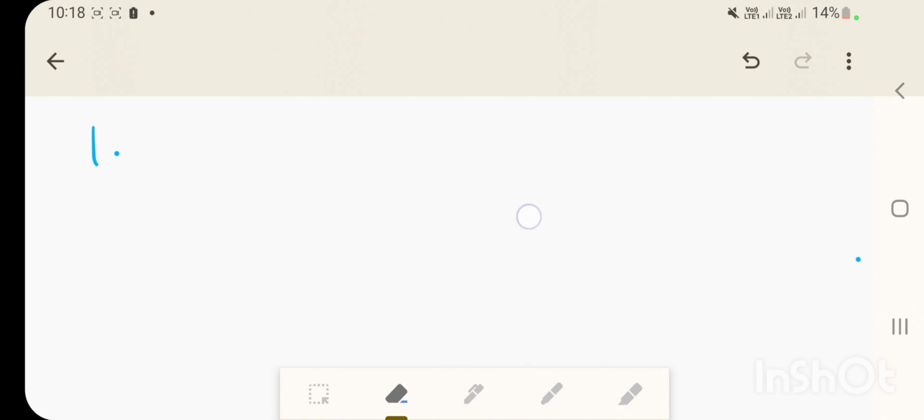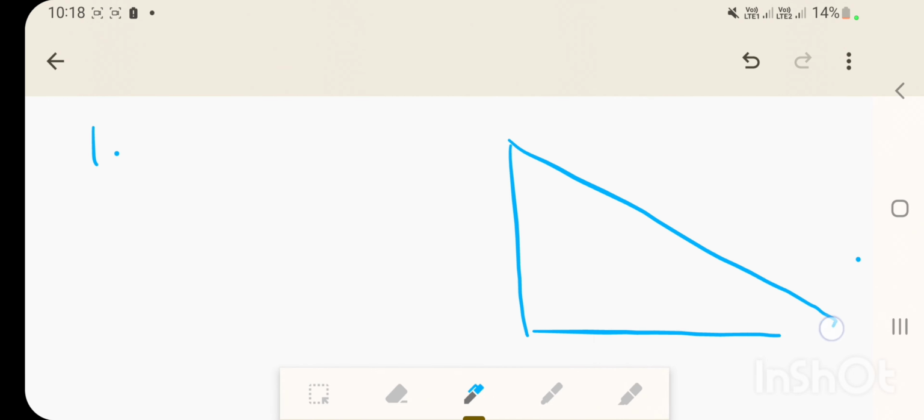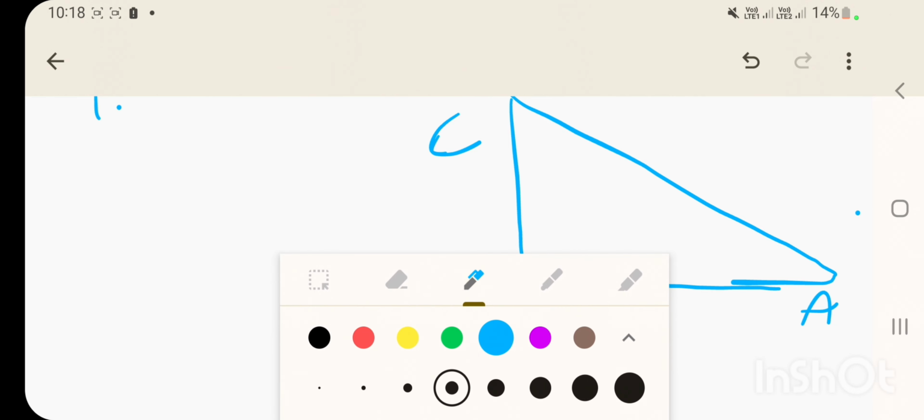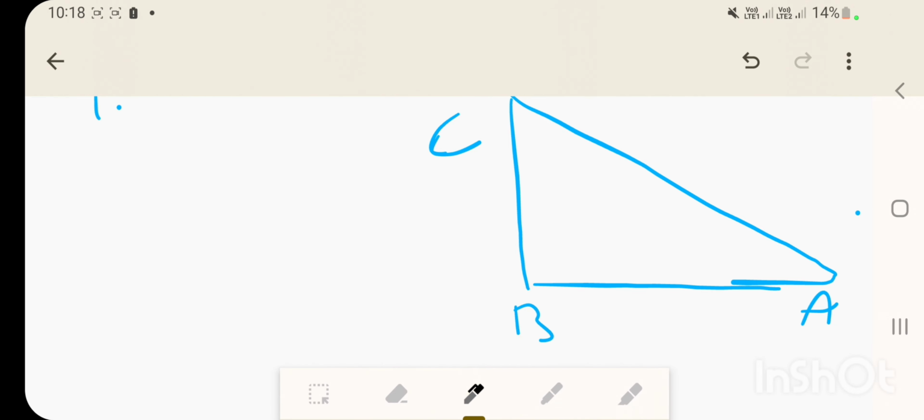They have given a right angle triangle with this hypotenuse, and this is A, B, C. Here we have the angle C, and the right angle is at B, 90 degrees. Here we can find the ratios related to angle A or ratios related to angle C.